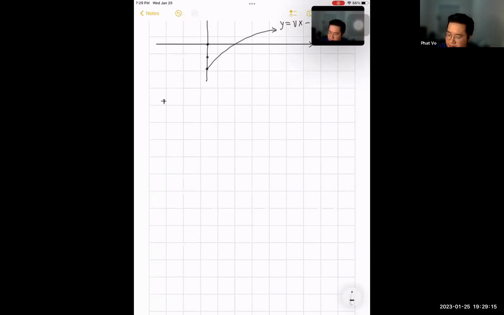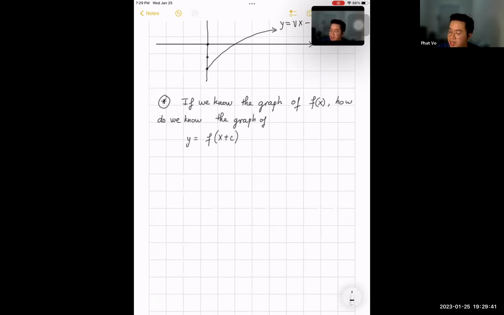The second point here is, if we know the graph of the function f, how do we know the graph of the function y equal to f at x plus c and f at x minus c, where c is greater than 0?